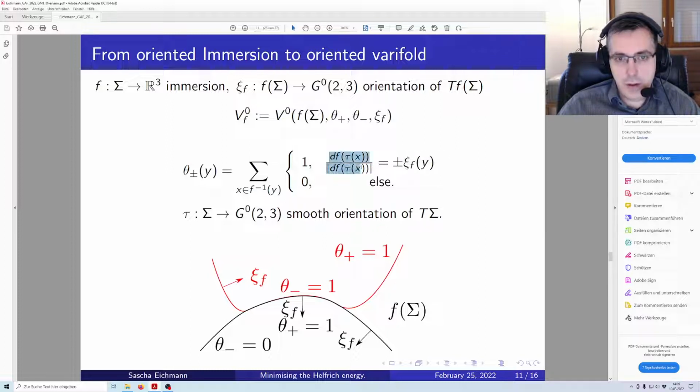And if this orientation coming from F aligns with the given orientation, psi F, we basically add 1 to theta plus, the density which aligns to psi F. And if they do not align, they will align to the negative orientation of psi F. Then we add 1 to theta minus.